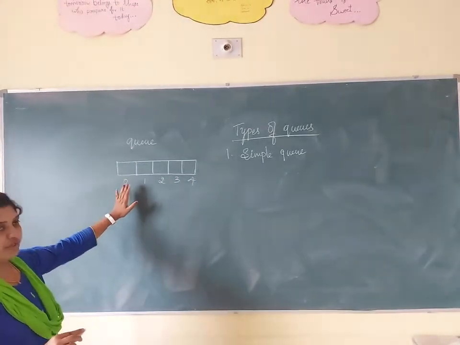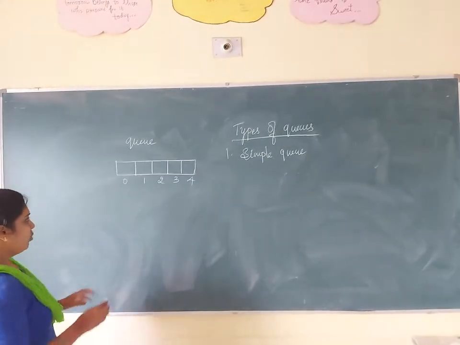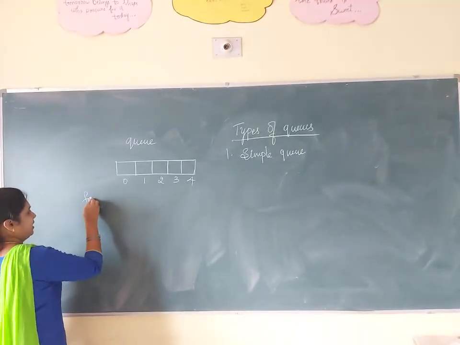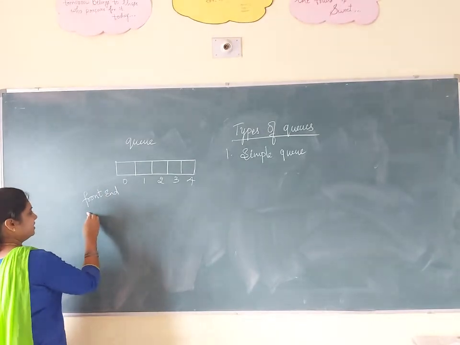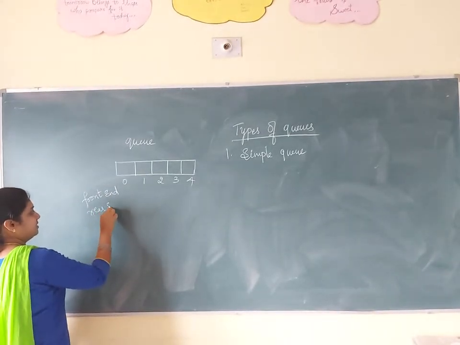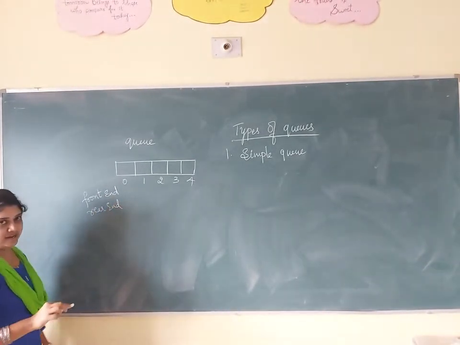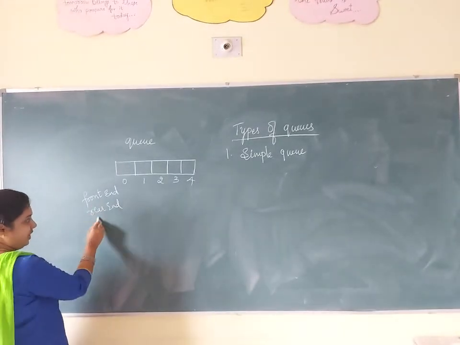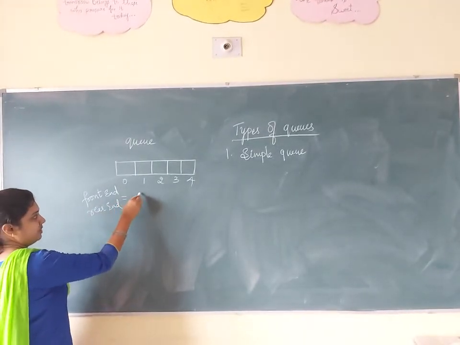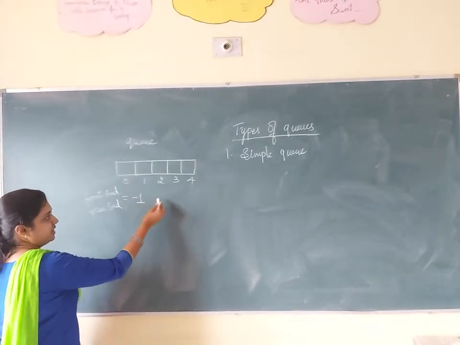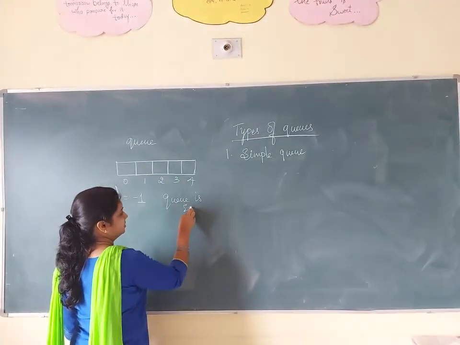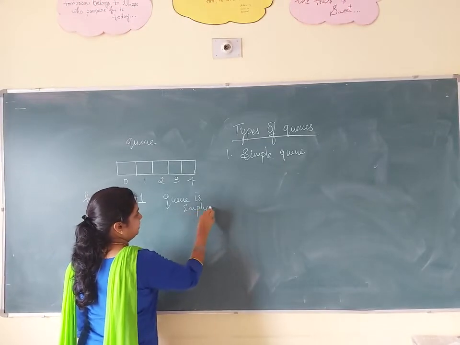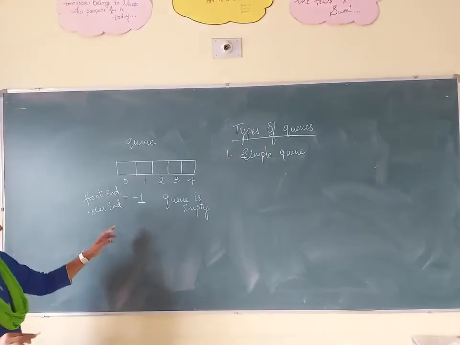A queue has two ends: one is the front end and the other is the rear end. If front and rear are pointing to -1, it indicates the queue is empty.